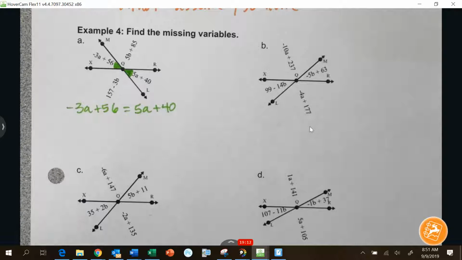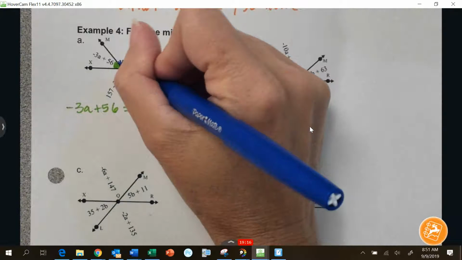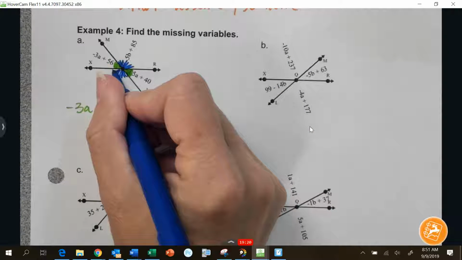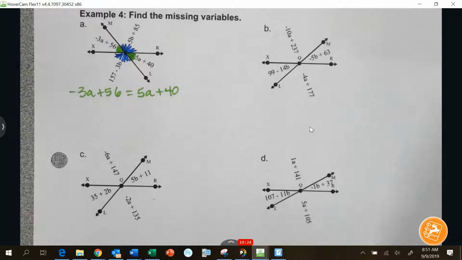How about B? How would we solve for B? Aaron, how would we solve for B?